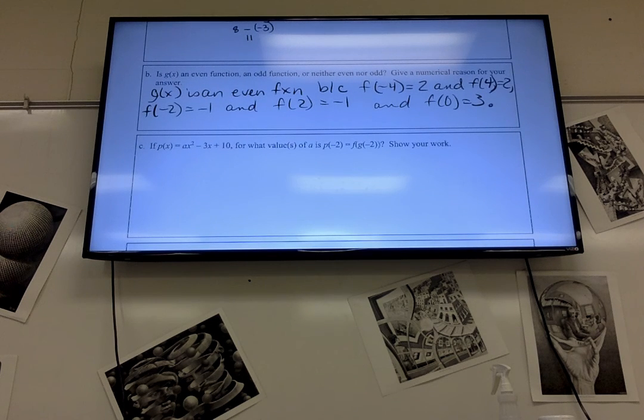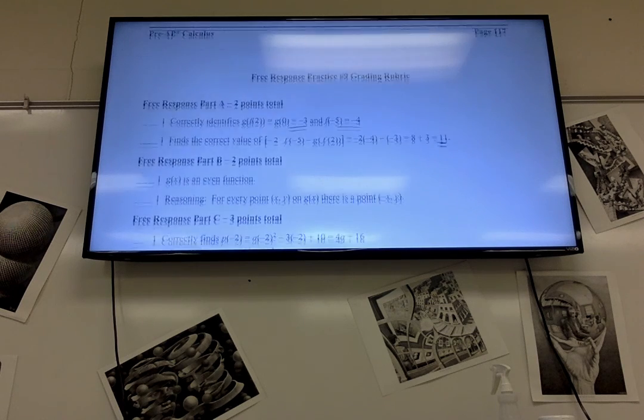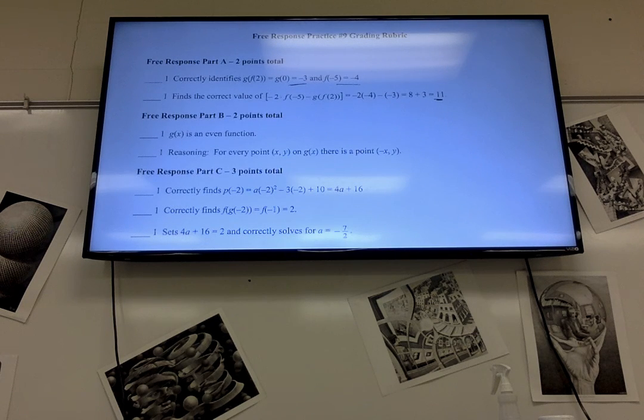That actually should be enough, but you could also say g of negative x equals g of x. Let's see what it says. There, yeah, it's what we did. G of x is an even function, it's worth a point, and then you get a point for your reasoning.